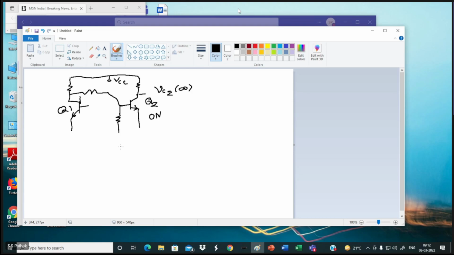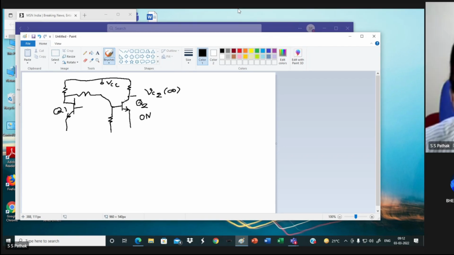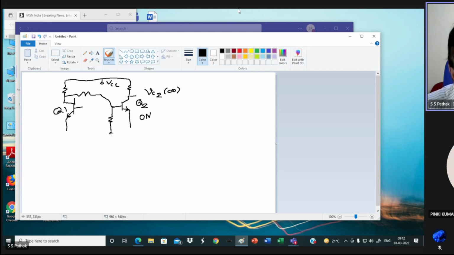So this negative supply is not needed here. In the earlier case, we needed this to bring Q2 deep into saturation, and then operate it. That was avoided by making a negative supply here. So this we are not putting. I will just ground it here.